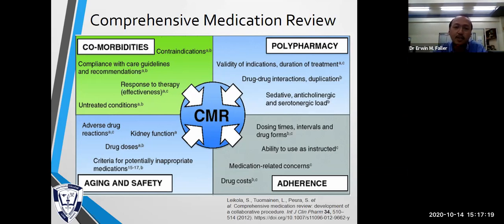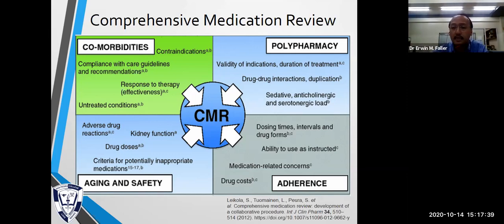So these are the different factors included in the comprehensive medication review. It's holistic in approach, not only looking at technical documentation, but also at a lot of factors affecting the patient.